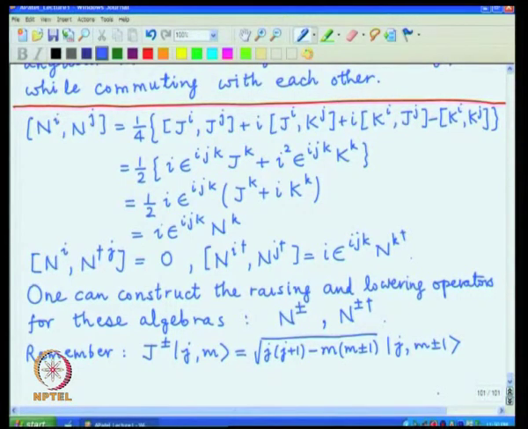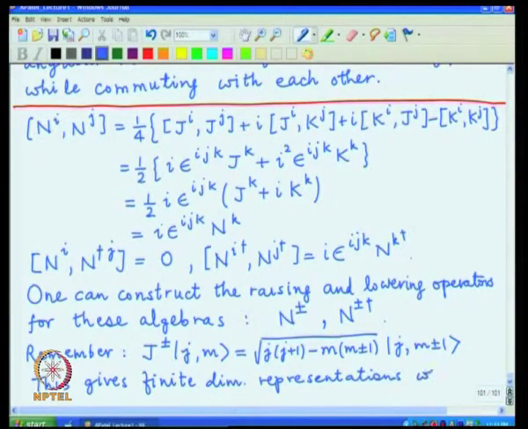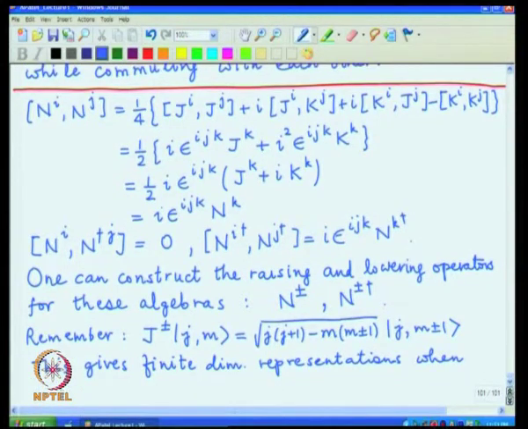And because of that, one can obtain the finite dimensional representations when the allowed values of m go from minus j to plus j in steps of 1, and that is possible when j is either an integer or a half integer.